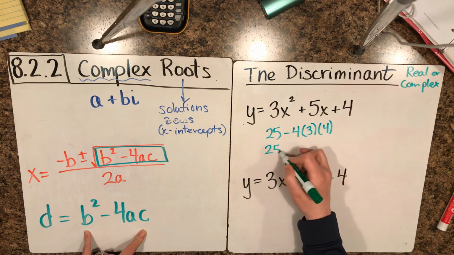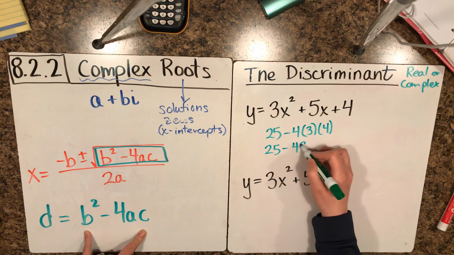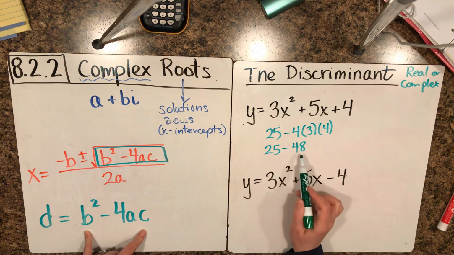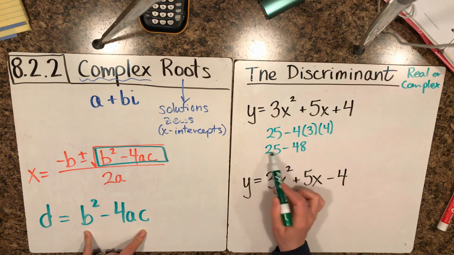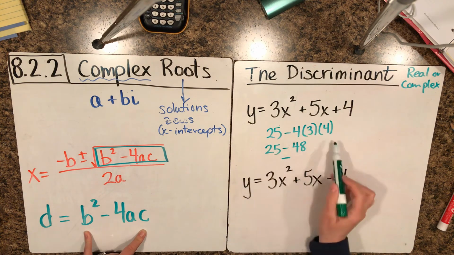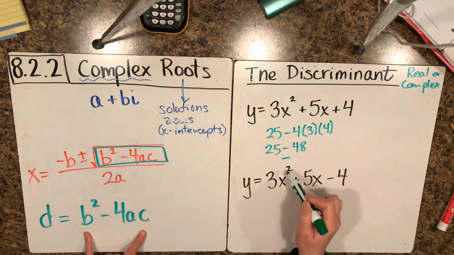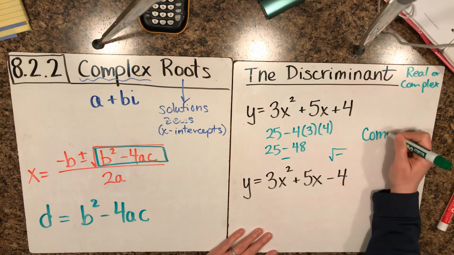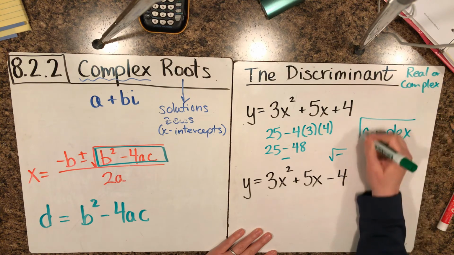Okay, so I get 25 minus 48. Okay, and I don't actually even care what this ends up being. All I care is that 25 minus 48 is going to be a negative number. Remember, the discriminant came from inside the square root. So if I have a negative inside the square root, that's going to tell me I have complex solutions.